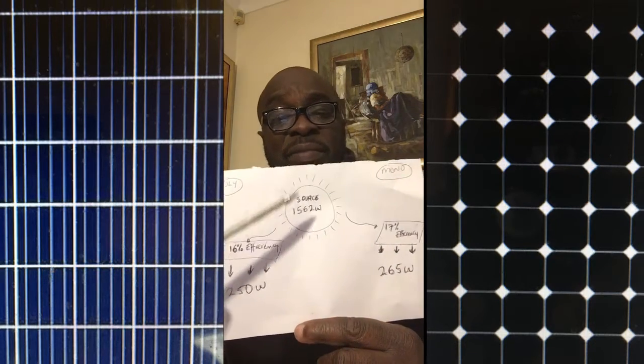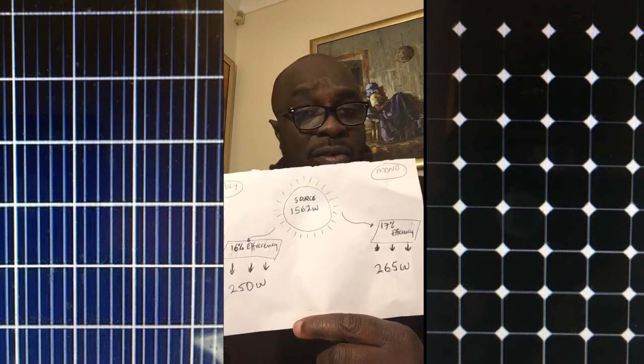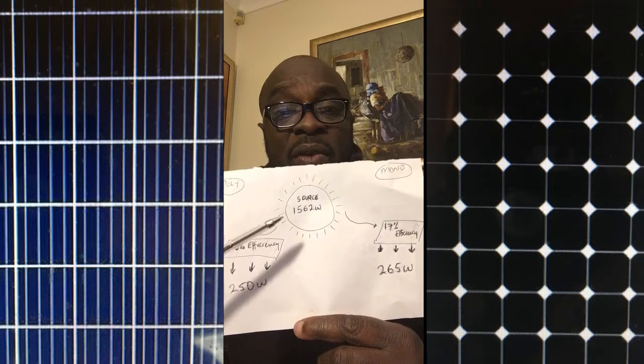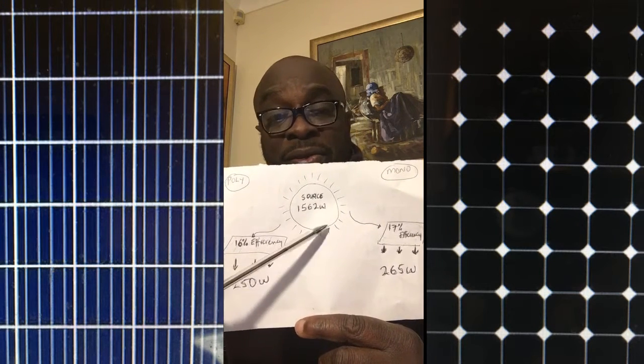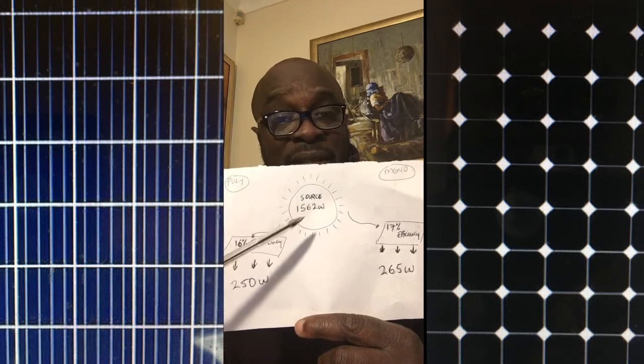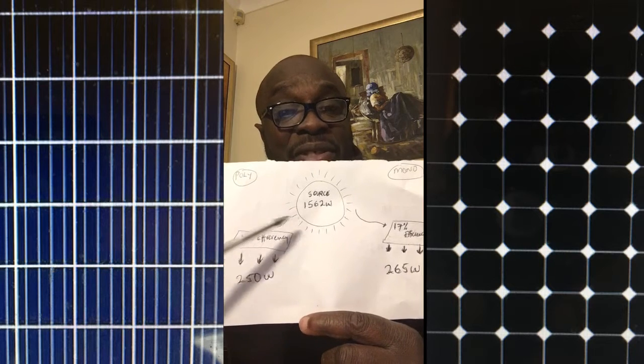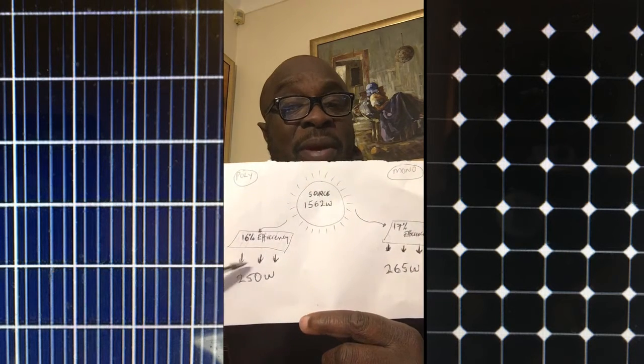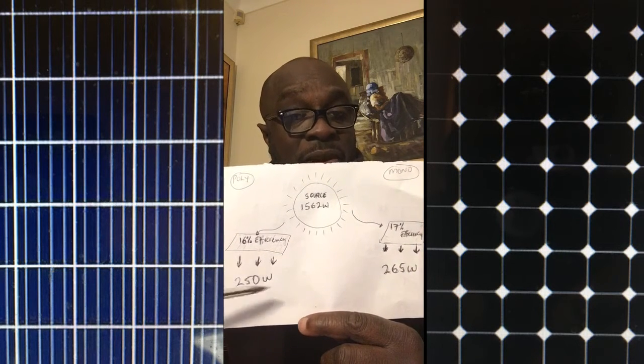Say we are getting from the source, either the sun or in the lab, etc., 1,562 watts. A solar panel that was 16% efficient would typically be generating about 250 watts for us.